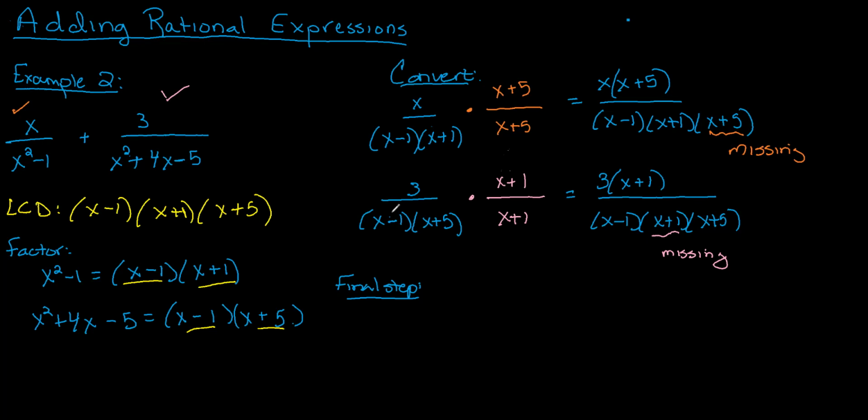For the final step, I had the x times x plus 5 all over my least common denominator. And I'm getting a little bit lazy because that denominator is so big, I don't want to keep writing it over and over. So I'll write the least common denominator there, and I'm really just adding up my numerators.